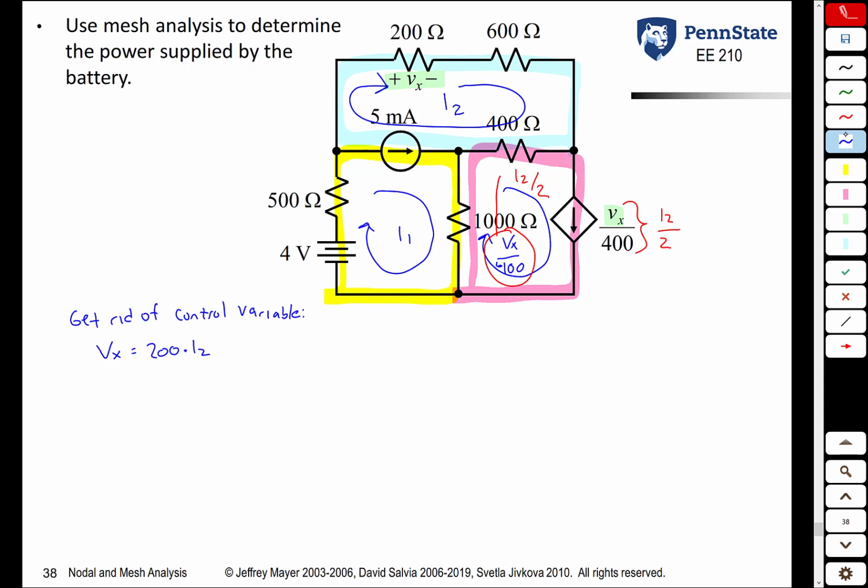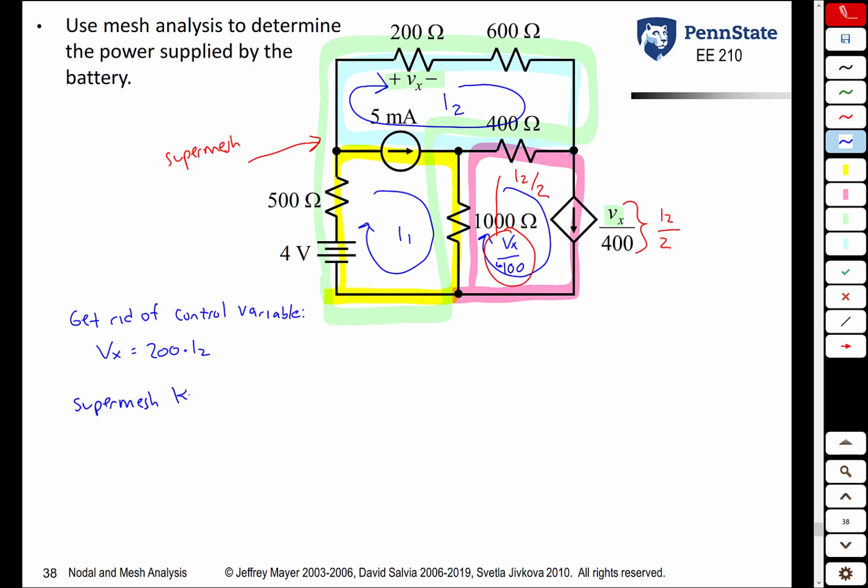We don't need to write it for the pink mesh because you have a current source and it's a perimeter current source. For the yellow mesh and the blue mesh, you do need to write KVL equations, but because you have the interior branch current source, you have to use a supermesh. So we're going to now introduce this supermesh here that's going to look like this. And now we're going to do a supermesh KVL equation.